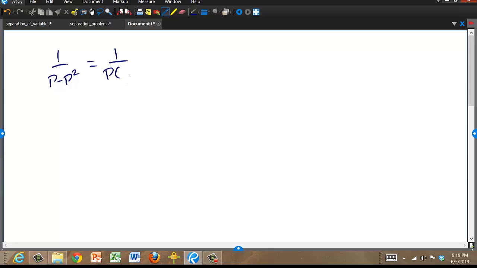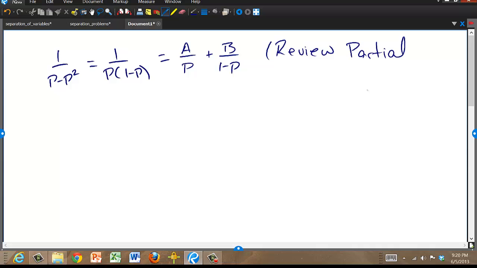That's 1 over p times 1 minus p. And what you want to do is split that into the sum of two fractions: some constant a over p plus another constant over 1 minus p. Review partial fractions. After this, I'm just going to assume that you know how to do it and carry on, okay?